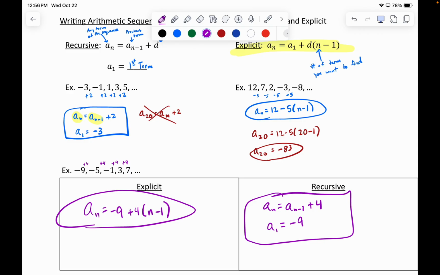The first number, the first term, the negative 9, right? So the first term is in both. What else is in both? The 4, right? The plus 4. So it doesn't matter which equation you're doing, you should have the first term and the common difference in both of them. Okay? All right, that is it.